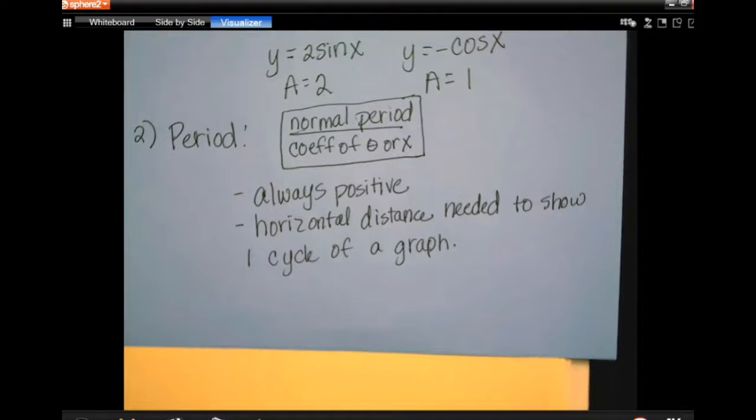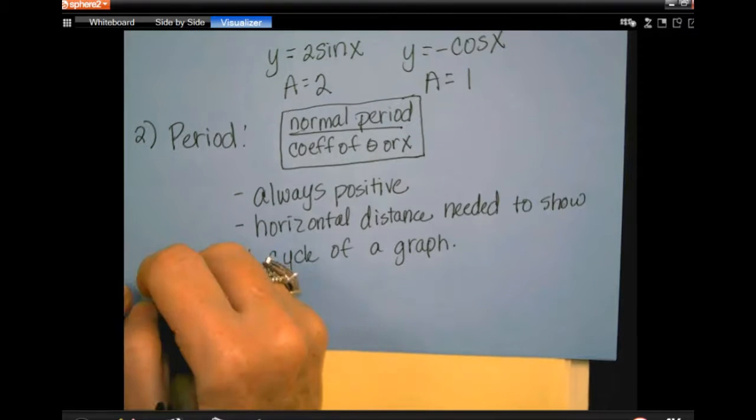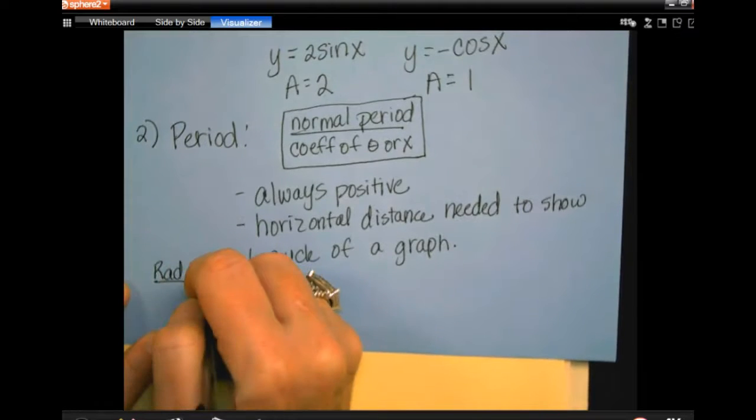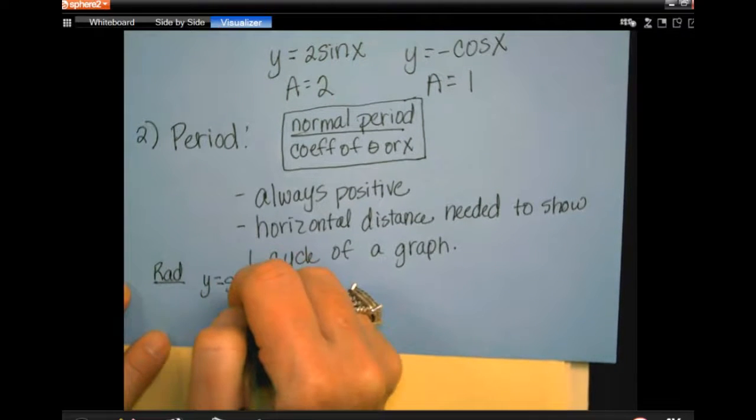So there's going to be 2 different ways to look at this. We can look at it with degrees and radians. The first one I'm going to write down is radians.